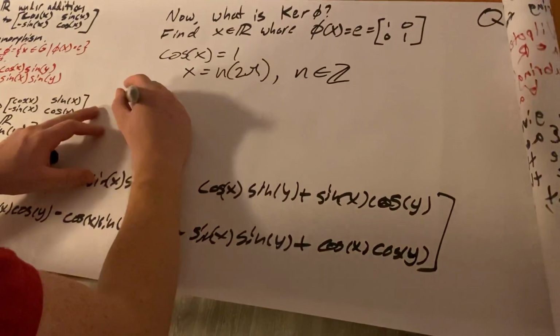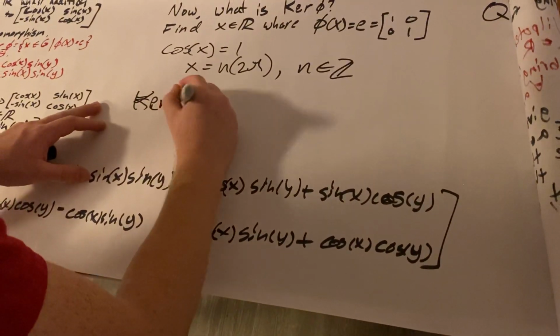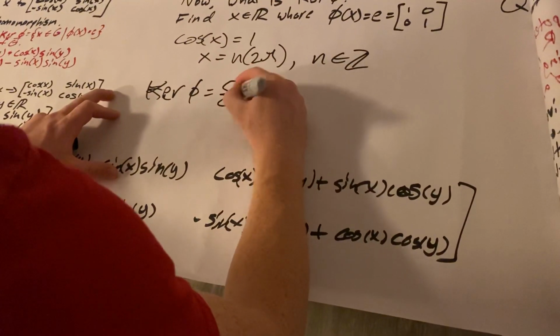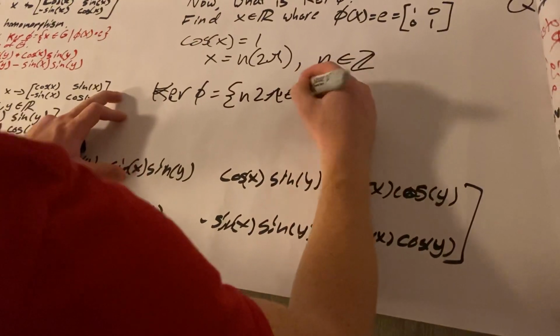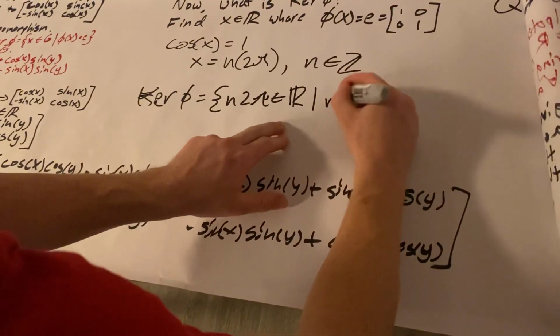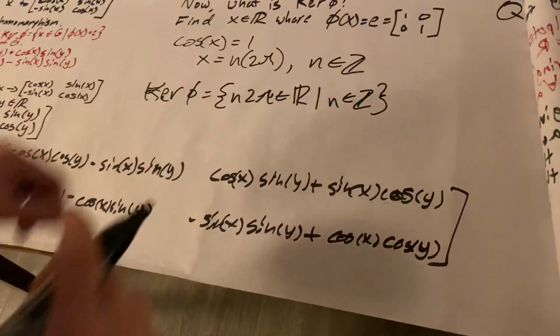So then the kernel of phi is equal to the set of n times 2 pi in R, given that n is in Z. And that's the kernel of our homomorphism.